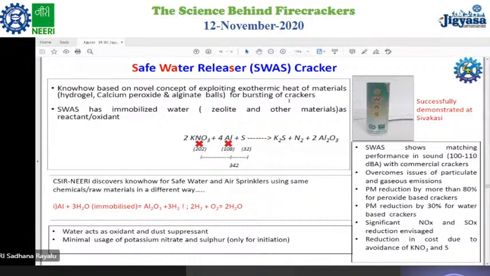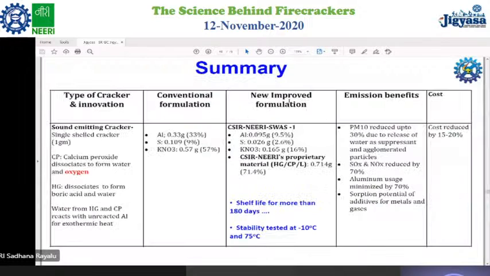So this is a special kind of cracker which has been developed by us, in which we are using different types of additives, which obviously leads to the reduction of the chemicals, which I've also mentioned previously. But in addition to that, it leads to the release of water as well as oxygen and air, which leads to dilution of gases as well as reduction in particulate matter. So these are the different green crackers which were developed by us.